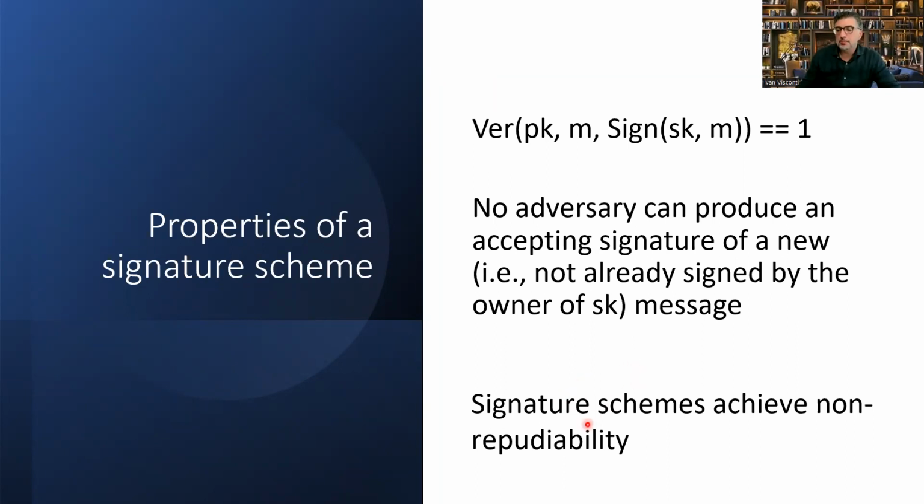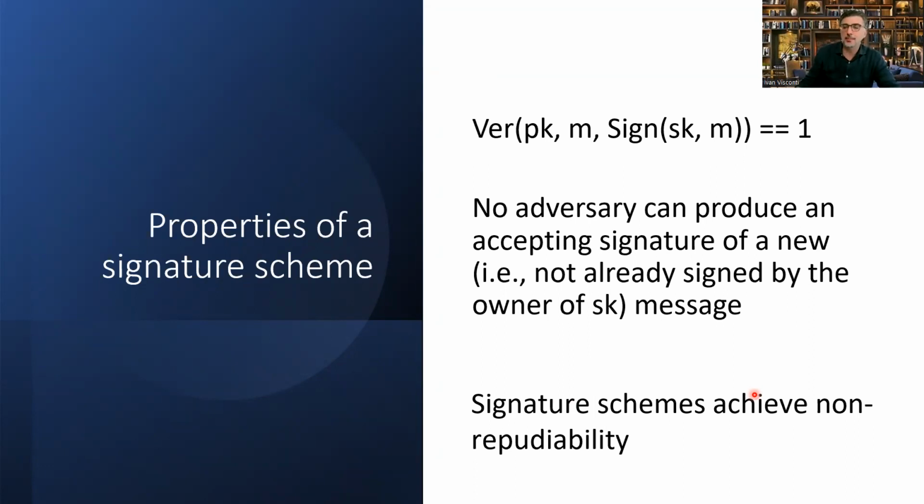Signature schemes have an immediate application that you can understand: non-repudiability. If I'm the owner of a public key, in the sense that I know the corresponding secret key, and at some point I decide to sign a message, and this signature appears somewhere, I cannot deny anymore that I signed it, because no one else could ever have signed it.